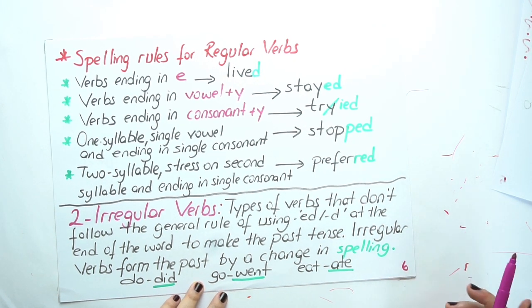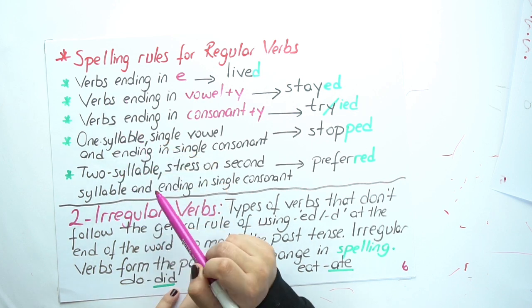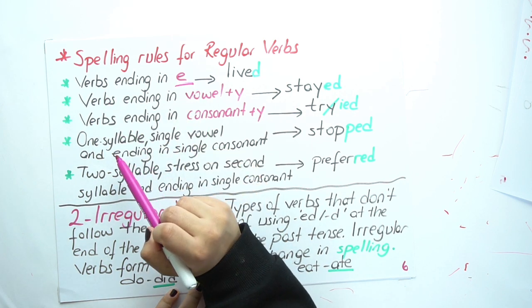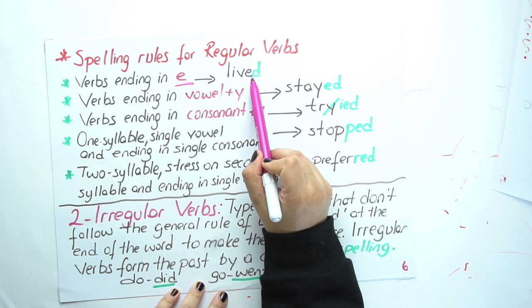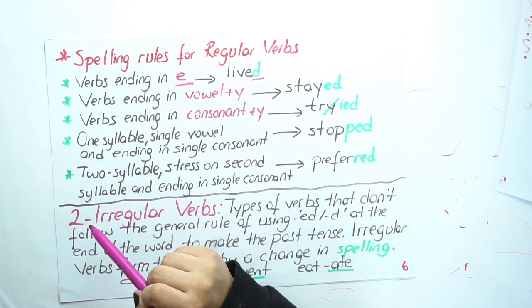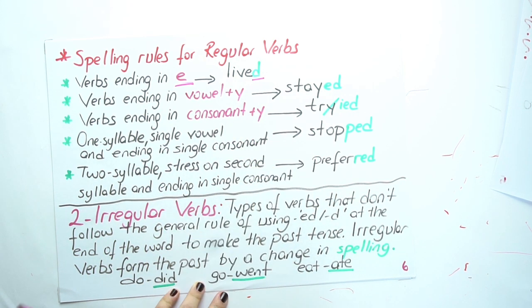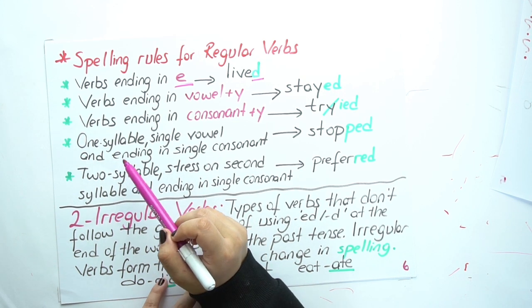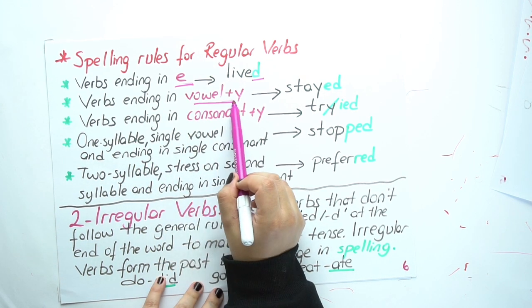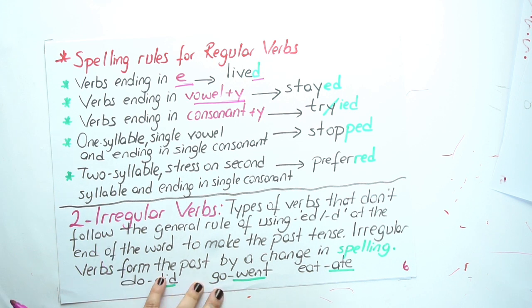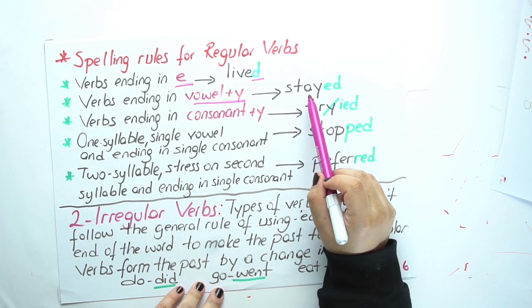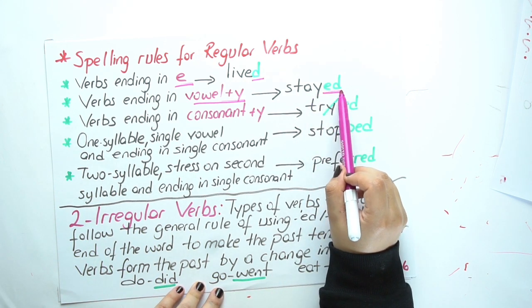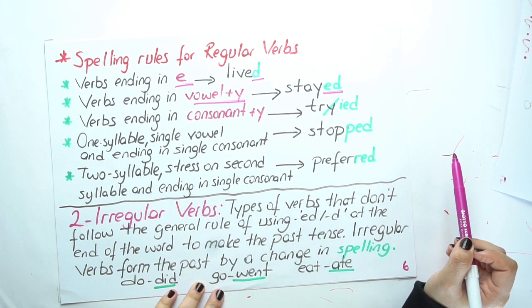Let's look at the spelling rules for regular verbs. For the verbs ending in E, we only put D because we already have E. Verbs ending in vowel plus Y, we only add ed.